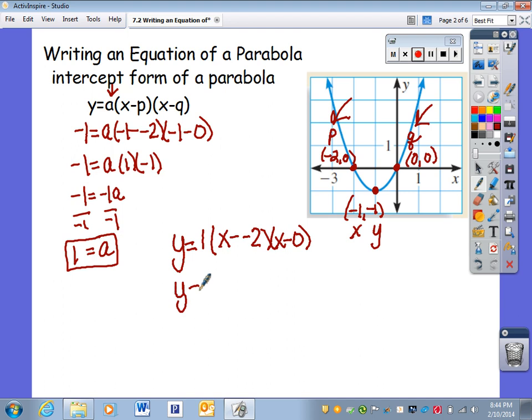So we have y equals, we don't need to write the 1, we can, but it's not necessary, and it won't actually be written when we have standard form of a parabola. Minus a negative would be +2, and then x minus 0 is actually x. And then we have x plus 2. So this is what the equation of this particular parabola in intercept form will look like.